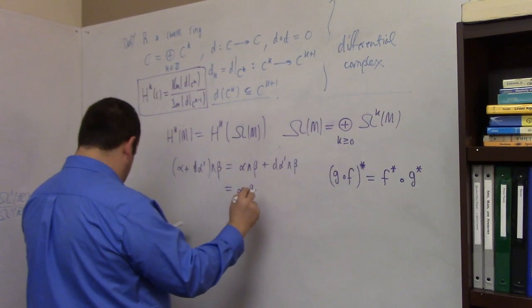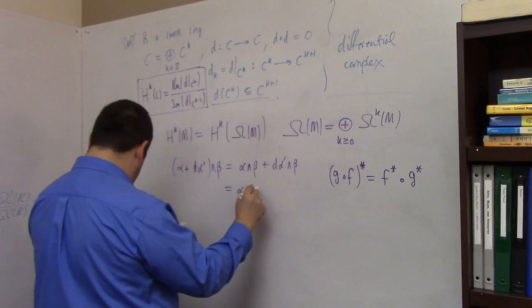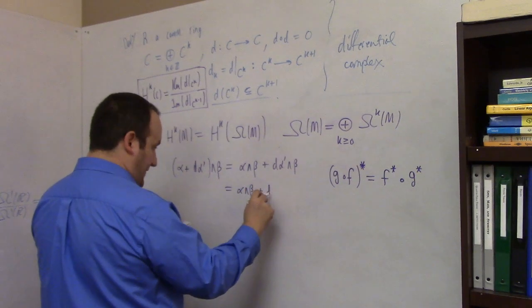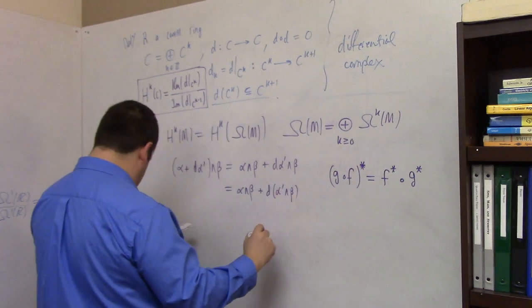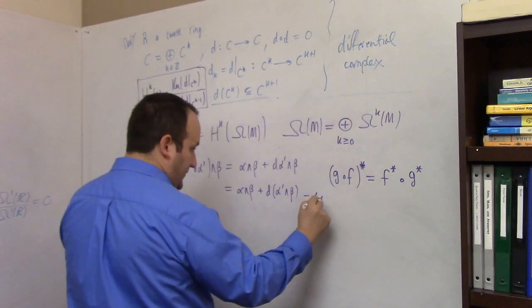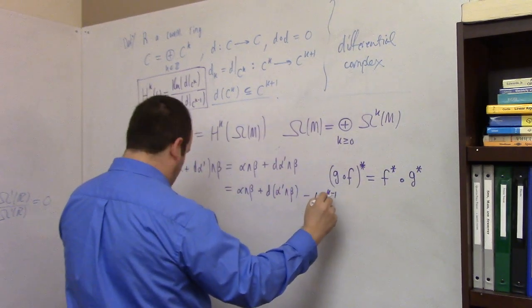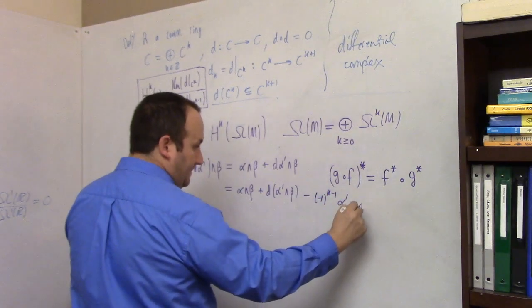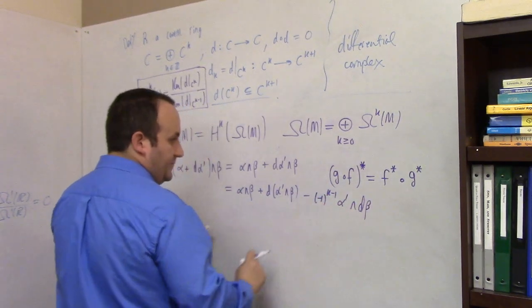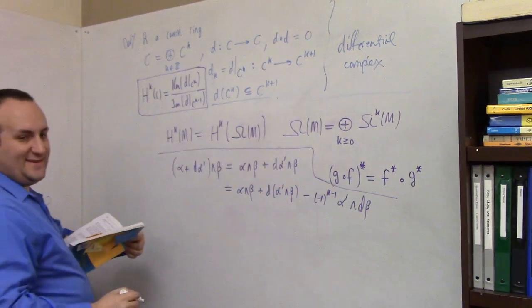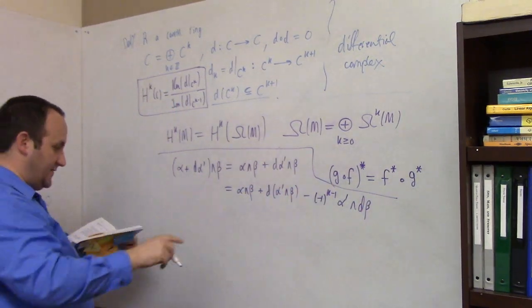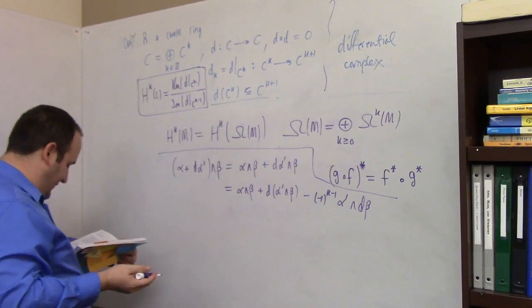Well, actually, in some sense this is integration by parts. Check this out: this is d of alpha prime wedge beta, closed differential, minus 1 to the k minus 1, alpha prime wedge d beta. See, there's some sneaky stuff right there. But integration by parts, I mean, okay, it's the graded Leibniz rule.